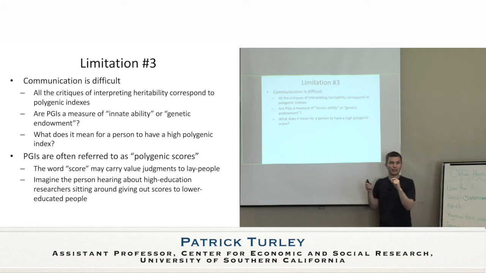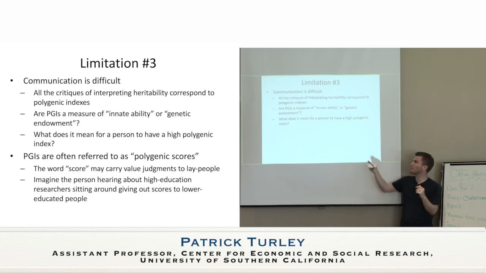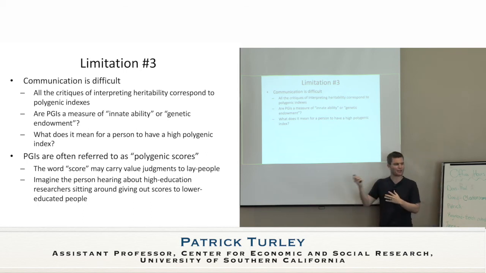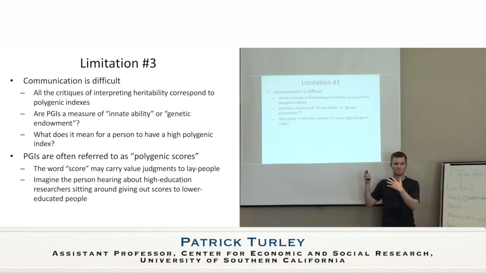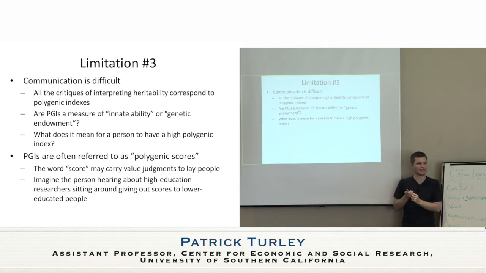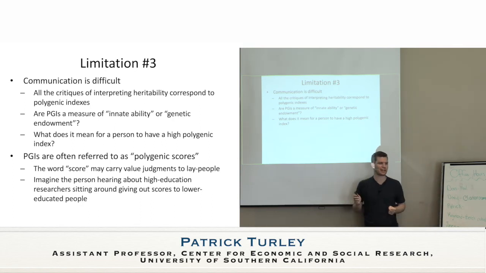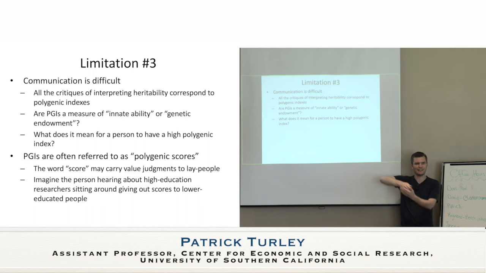One thing you often hear is people referring to PGIs as a measure of innate ability or a genetic endowment. But given these critiques, what does it even mean for a person to have a high polygenic index, given what we know about the interpretation of heritability? If we measure Grant's EA PGI, and it's 4 sigma above the mean, what does that say about Grant?